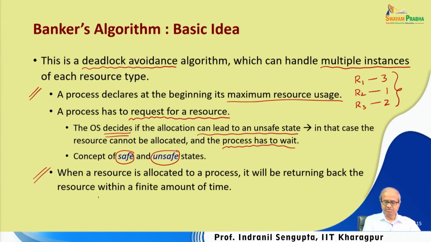This is another assumption we are making. Because if it holds it for an indefinite amount of time, then it is a problem, and this algorithm may not work correctly. It is assumed that when a resource is allocated, finally, if the process gets all its resources, it will finish execution and return the resource. Okay? Fine.